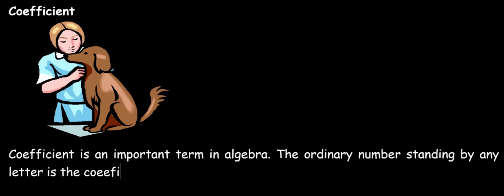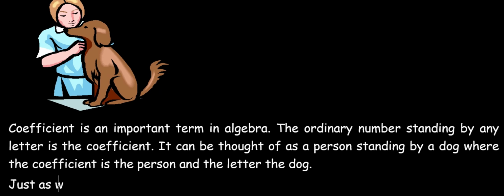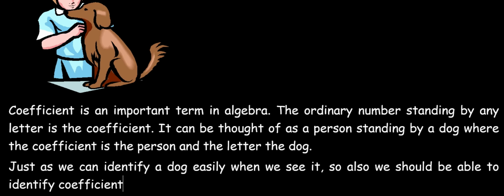It can be thought of as the person standing by a dog, where the coefficient is the person and the letter is a dog. Just as we can identify a dog easily when we see it, so also we should be able to identify coefficient in algebra.